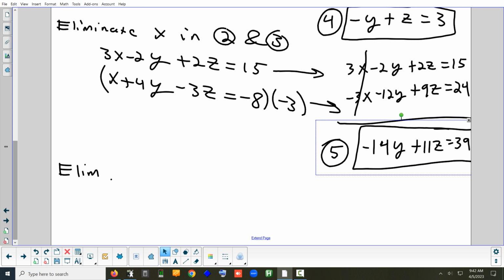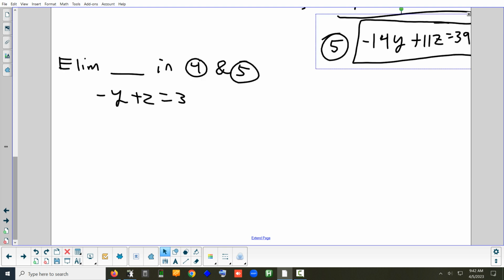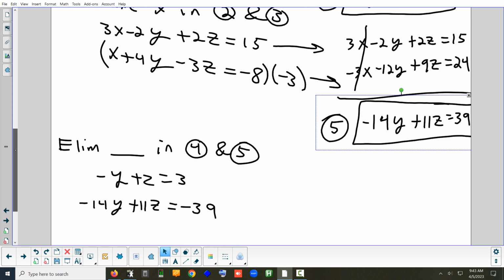So let's eliminate something in equations 4 and 5. You can write them down, look at them for a second, and see if you can figure out which letter would be the easiest to eliminate. Would it be z?